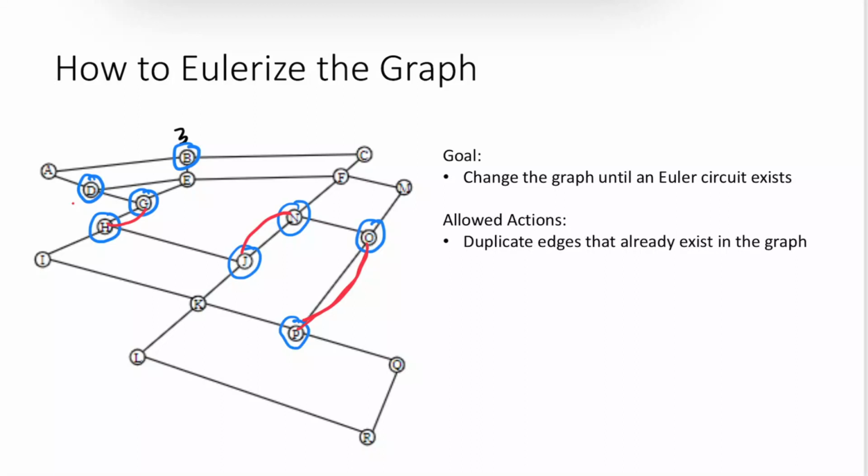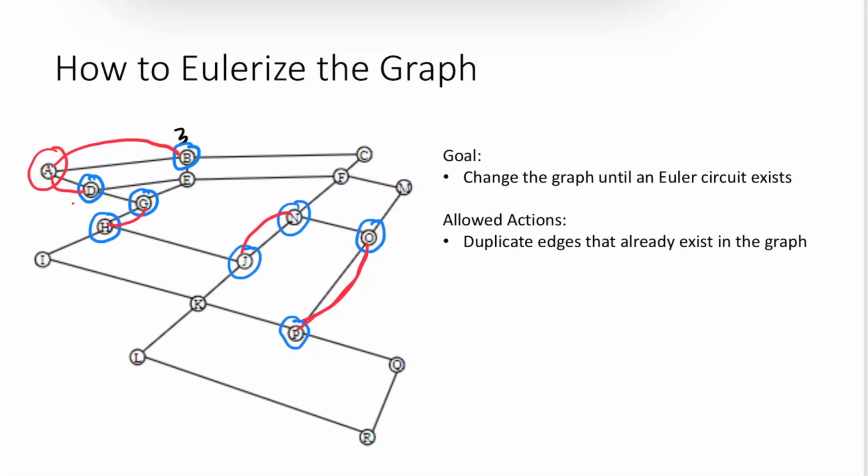I could duplicate this edge and duplicate this edge to create a path between them. And that makes it so that B and D have an even degree. And if you notice, it didn't affect the evenness of vertex A, because A originally had 2 edges leaving it and now it has 4, but that's still fine because it's still an even number, because the path went into A, but it also went out of A.